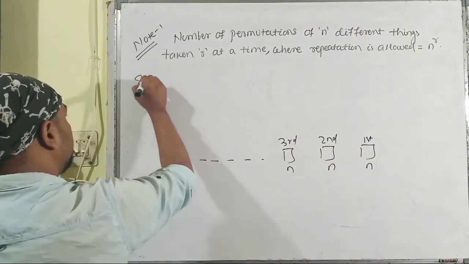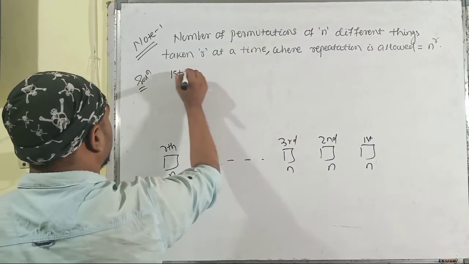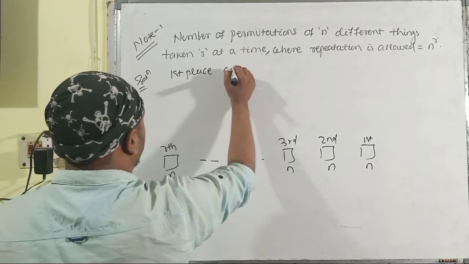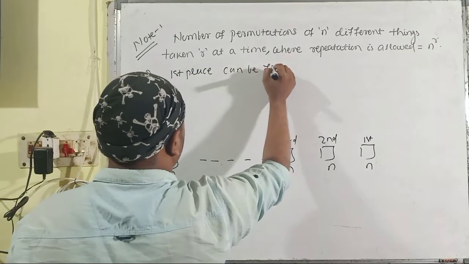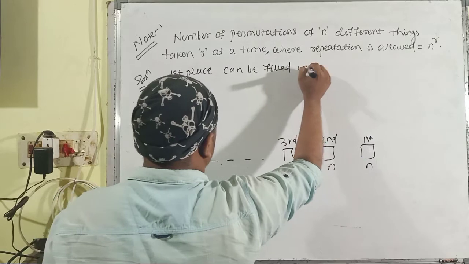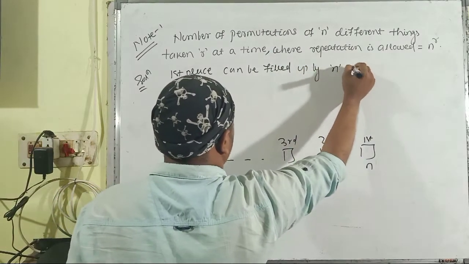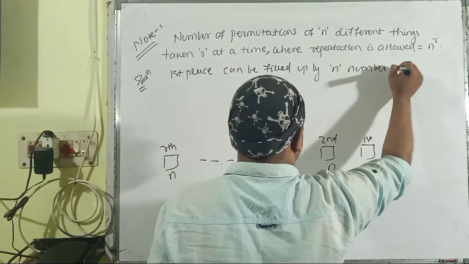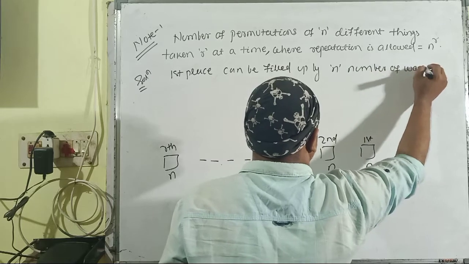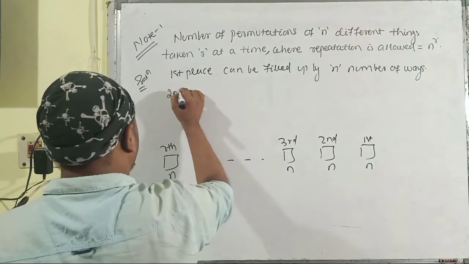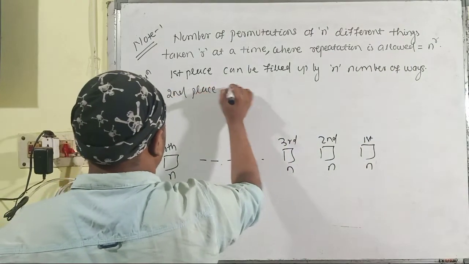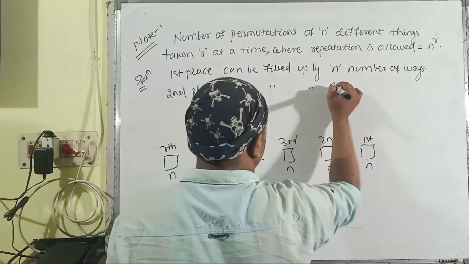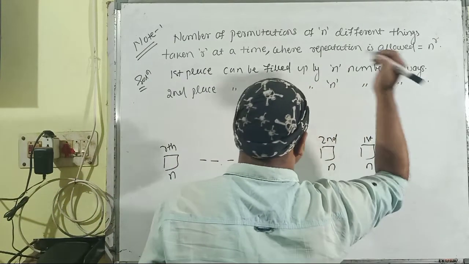So, the first place can be filled up by n number of ways. The second place can be filled up by n number of ways.